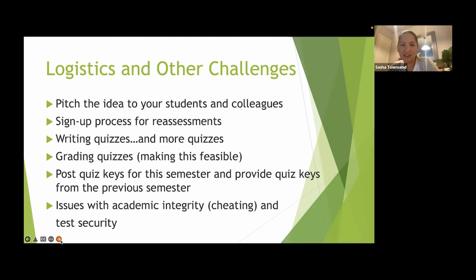I've been doing this since 2016, and I probably create about 30 new reassessment quizzes per class every semester. And then I get rid of old forms.